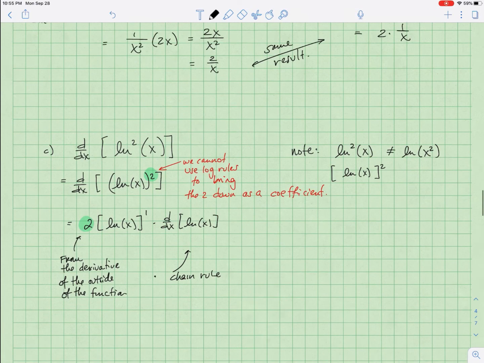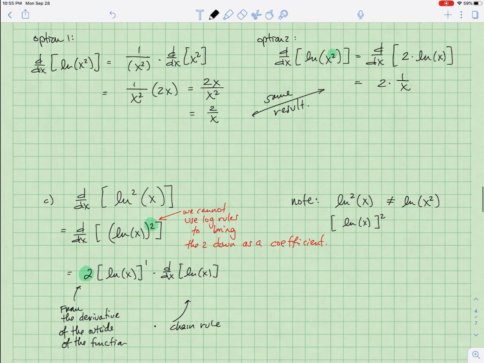Be careful. I wanted to show you these two in contrast to one another, specifically option 2 here versus example C. In option 2, I brought down the 2 as a coefficient using the log power rule before I took the derivative.